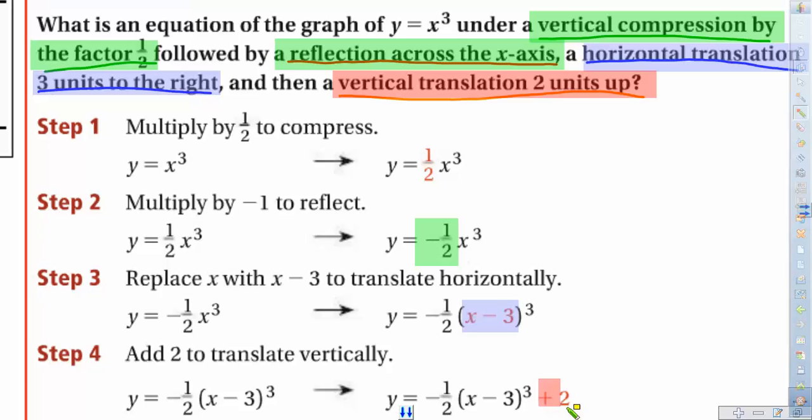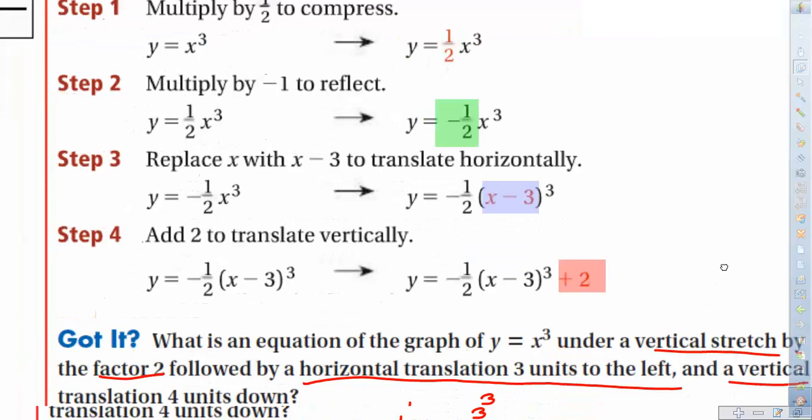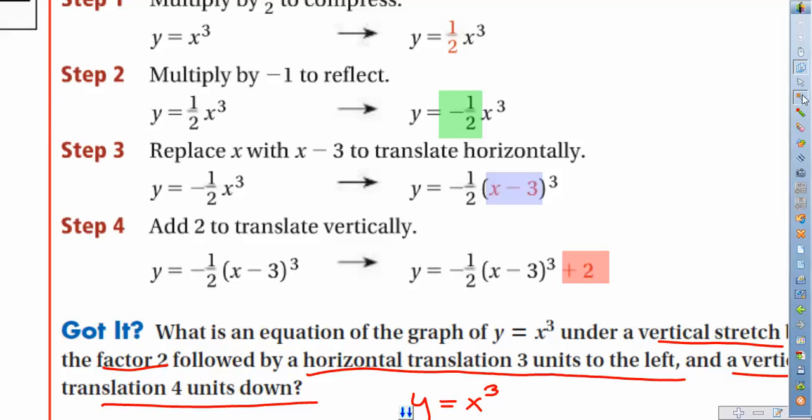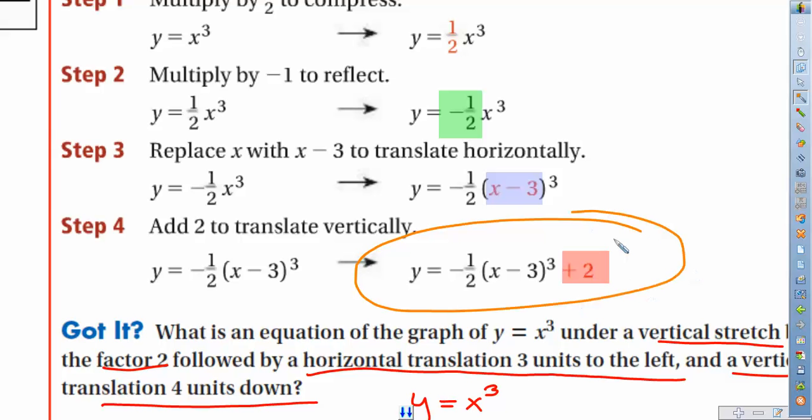We put that right there, and so there's our finished product. You see, we've got all the essential pieces: the compression of the half, the reflection, the moving of the function 3 units to the right, and then a vertical translation of 2 units up. Great.